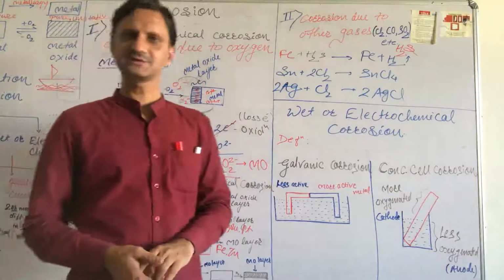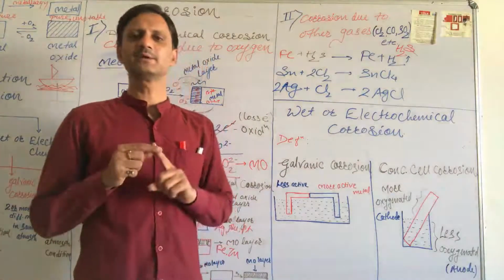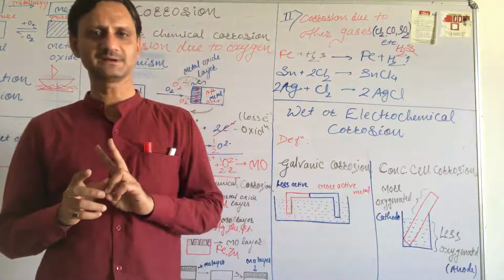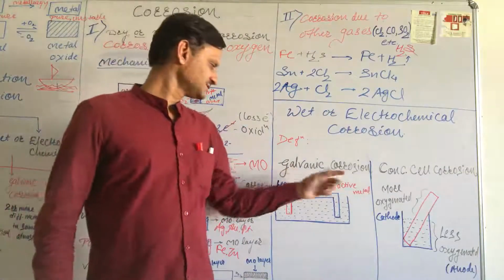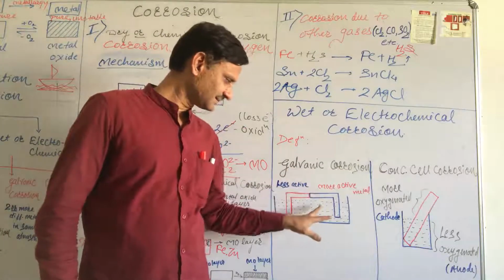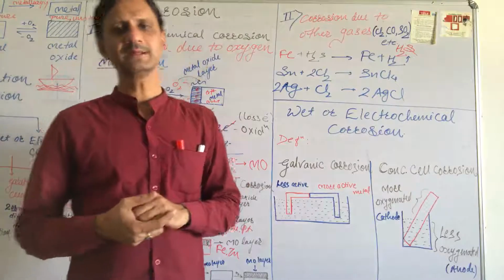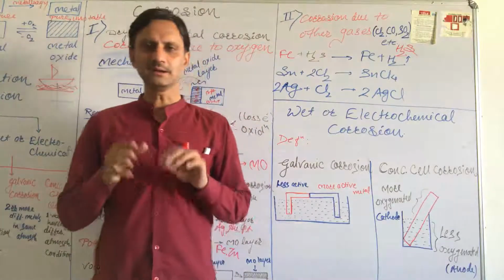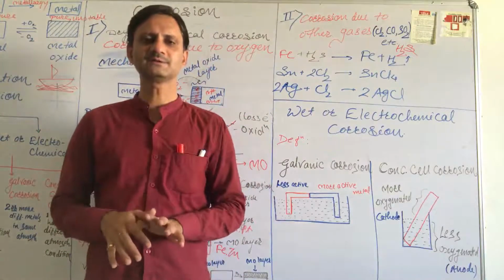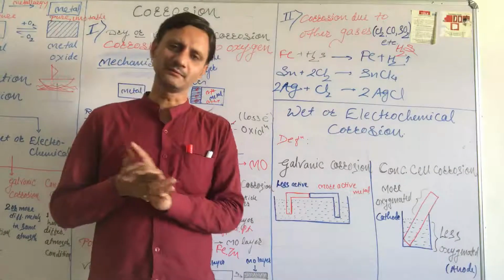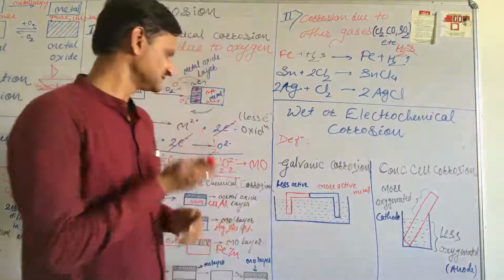As in the classification we already discussed, galvanic corrosion means two different metals having the same atmospheric condition. So what is galvanic corrosion? Here we have two different metals, and these two different metals are in direct contact with each other. When we compare any two different metals, then one has high oxidation potential and one has low oxidation potential.